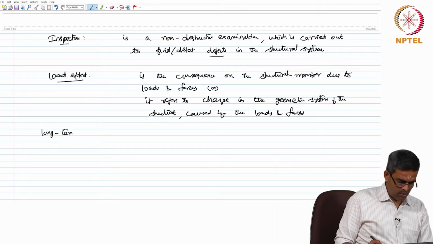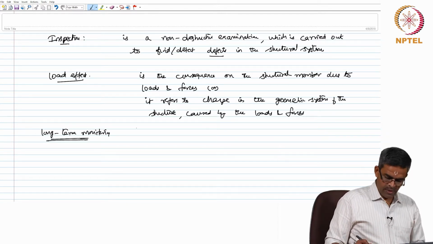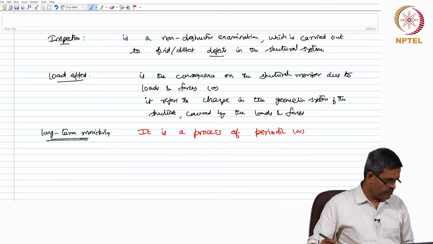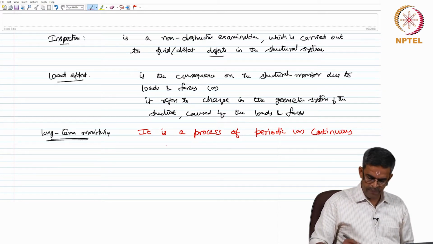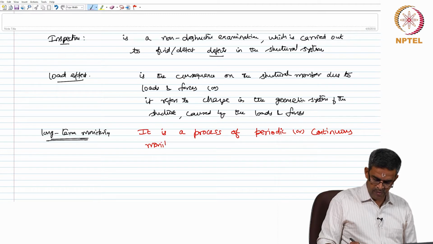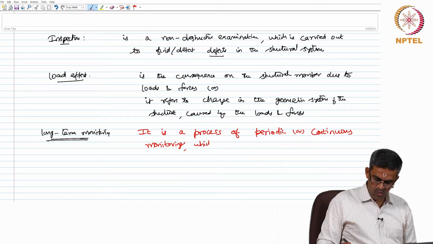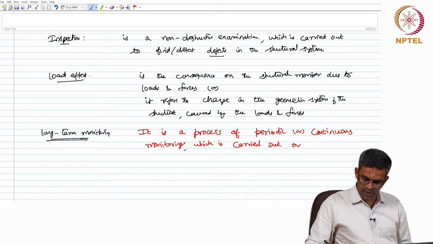What is long term monitoring? It is a process of periodic or continuous monitoring which is carried out over several years.